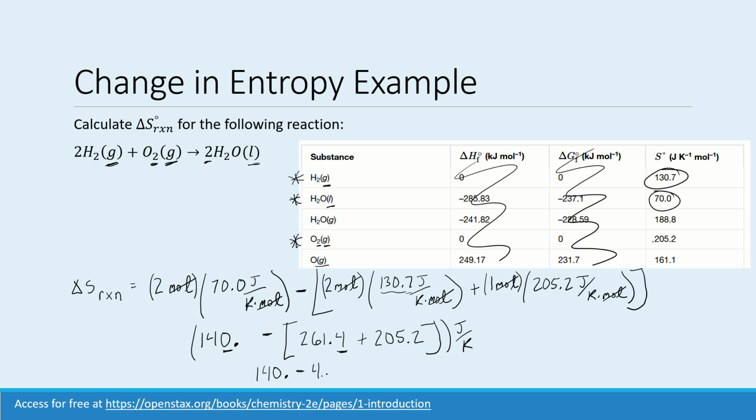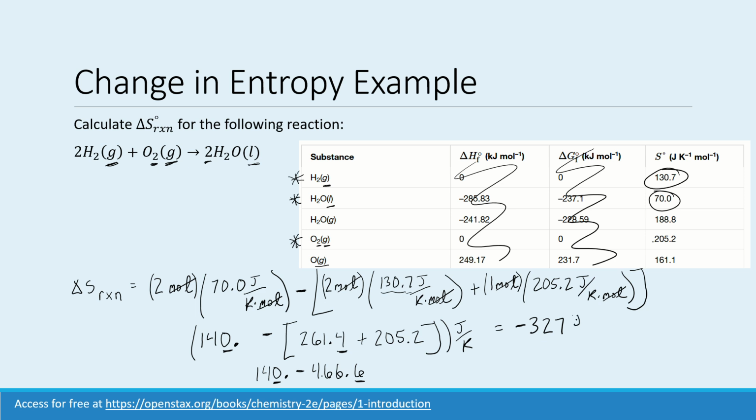And so you're going to get 140 with the decimal place minus 466.6. Okay, so ones place for the 140, tenths place for the 466.6, and so we're only going to go out to the ones place in our final answer.